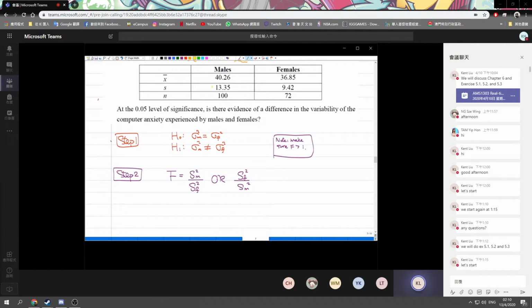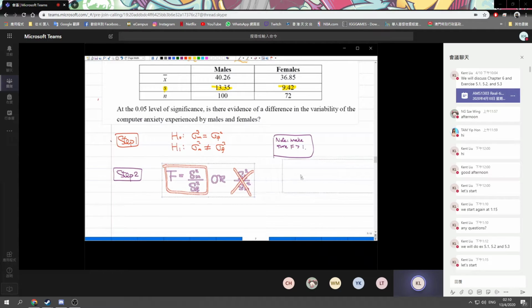For this, you look at the standard deviation. Okay, you will put the one which is larger at the top. So that means in this case you will use this version instead of this, because this will ensure the F statistic is greater than 1, all right?